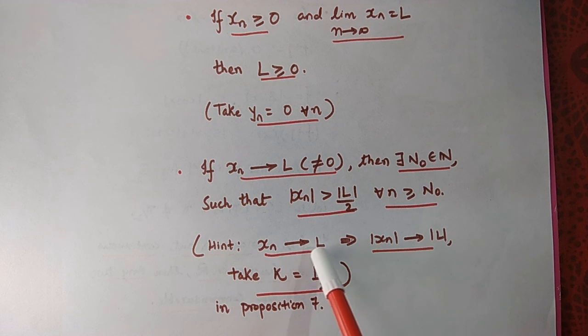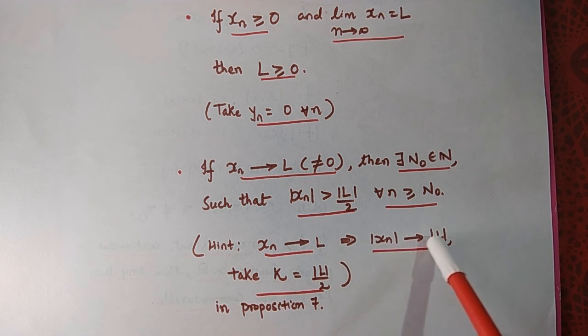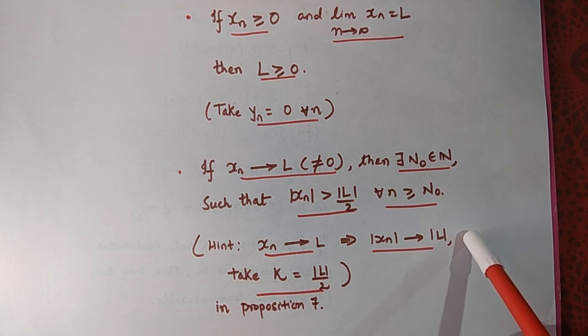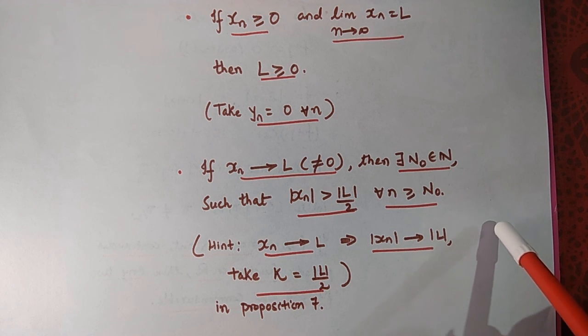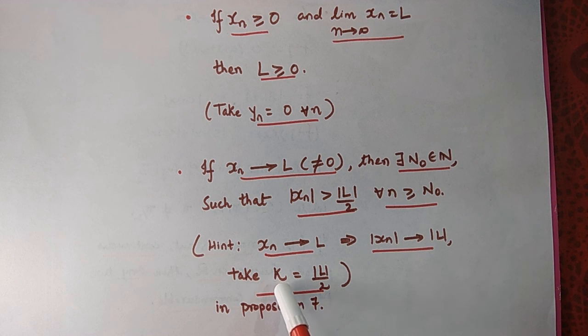Since xn converges to L, this implies that mod xn converges to mod L by proposition 6, which we have already proven. Now it is enough to take k equal to mod L by 2. Remember, k is a number between 0 and mod L. So take k equal to mod L by 2 in proposition 7 and prove this result yourself.